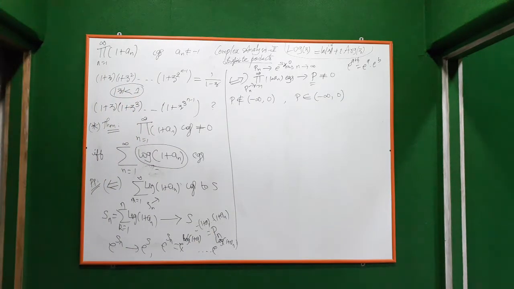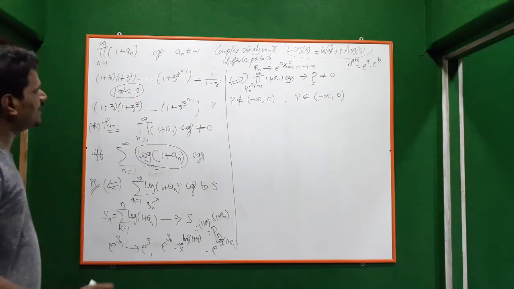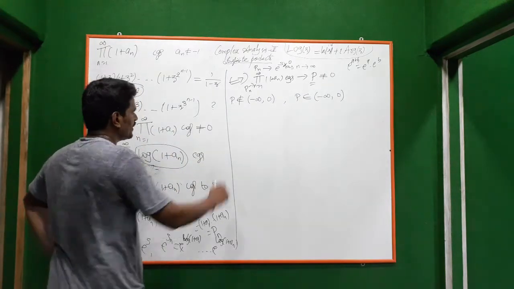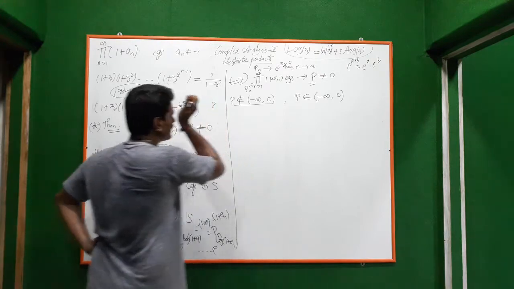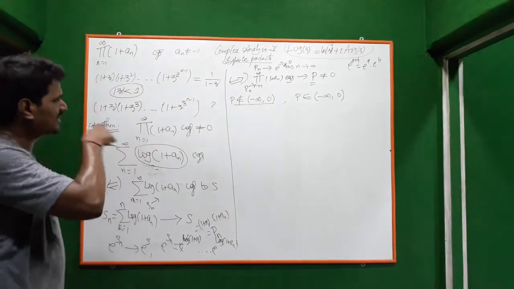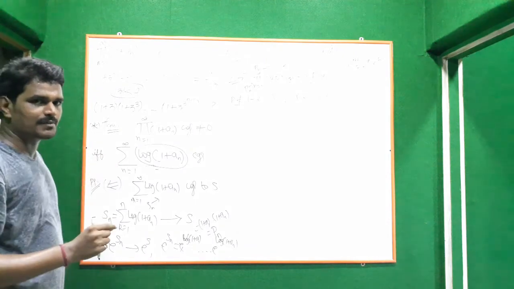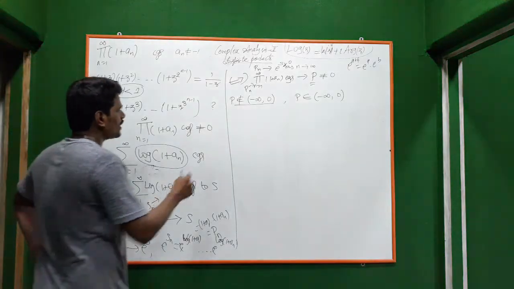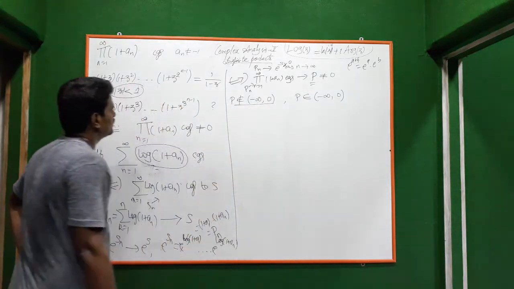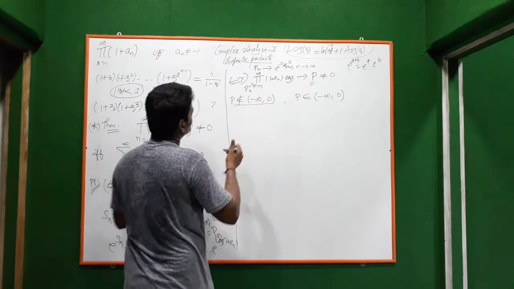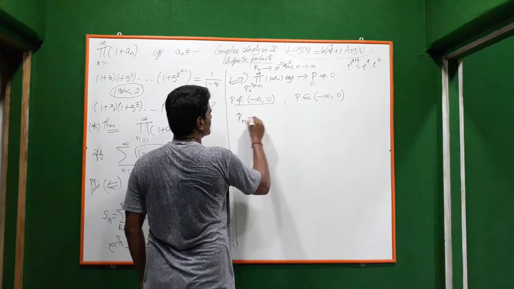So either it is inside the negative real axis or not. First take the case that it is not in the negative real axis. This is because of the logarithm. Logarithm is not defined on the negative real numbers either, so to avoid that, we are taking it like this. Fine. So we know that Pn converges to P.